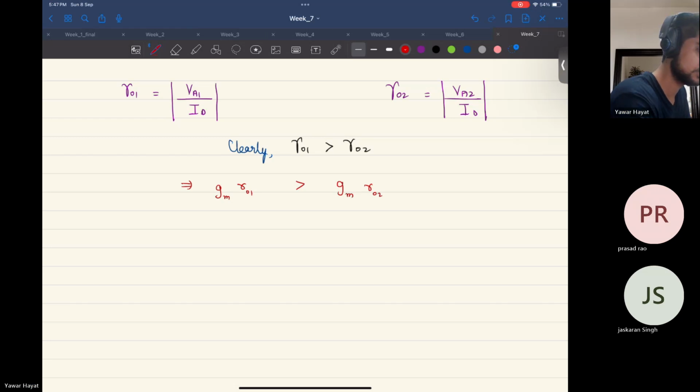Yeah. So your T1 gain is greater than T2 gain, right?